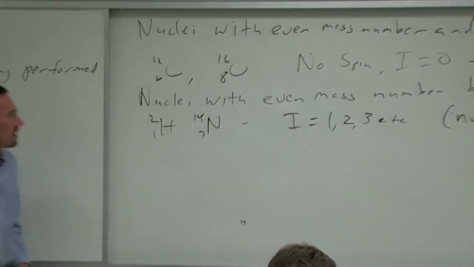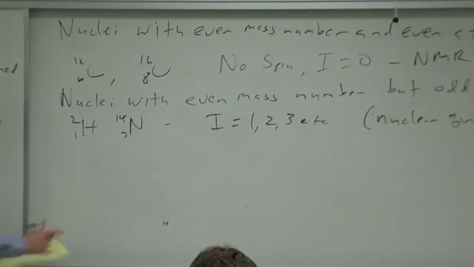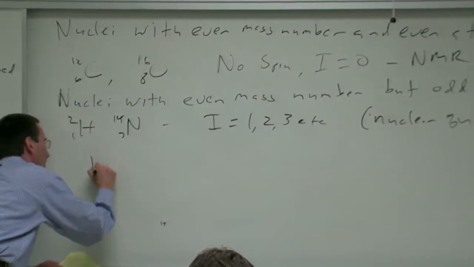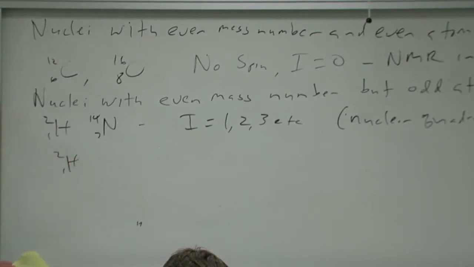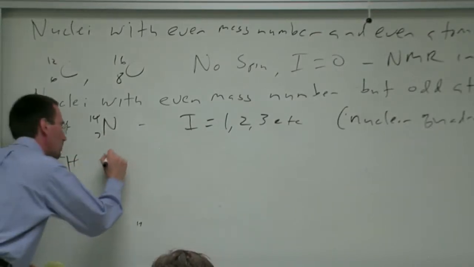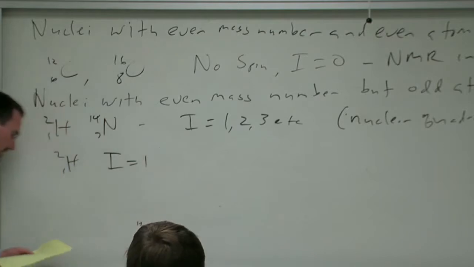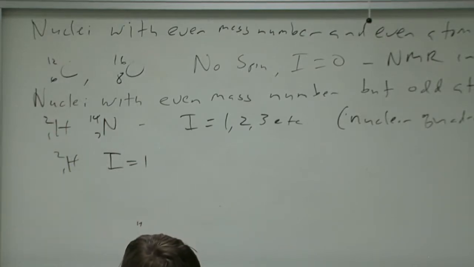So for example, if you take deuterium, you have a spin number I equals 1. And so you have 3 spin states available to it.